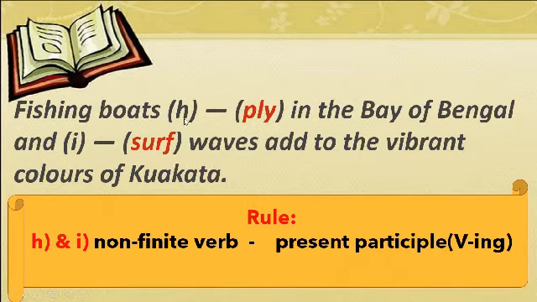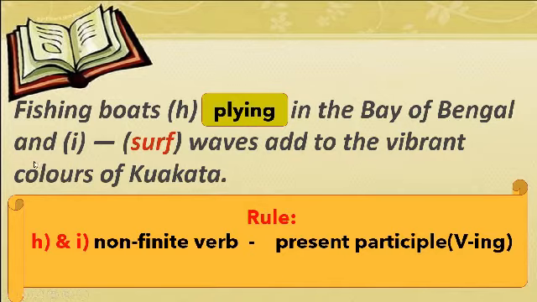So for question number H, here you will find the two words boats and ply side by side. So according to the rule, the second verb ply will be followed by present participle. So the answer will be plying. Fishing boats plying in the Bay of Bengal.